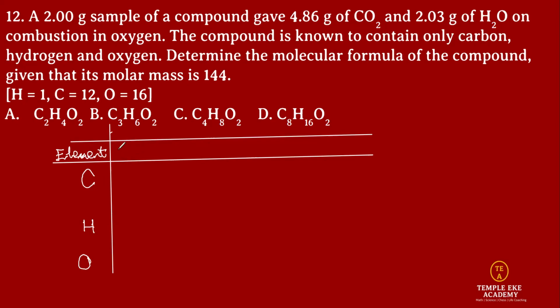Let's go straight for the mass present. And we have the masses of the individual elements present. So for carbon, we have 1.33. For hydrogen, we have 0.23, as we obtained.